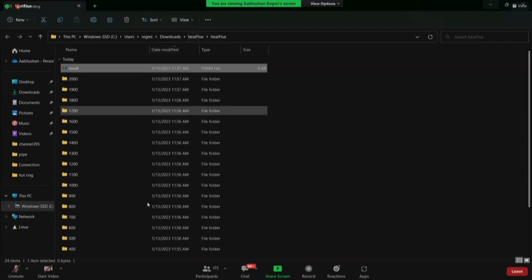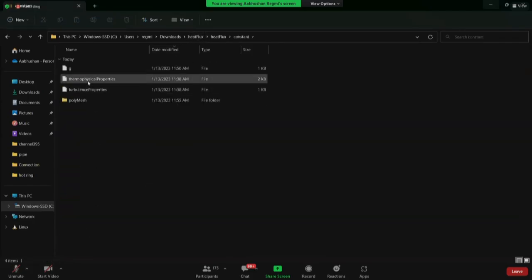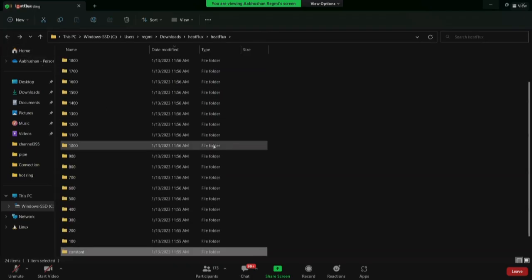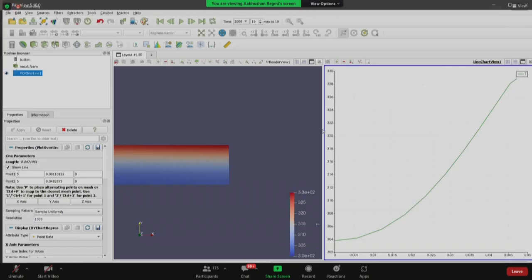I think the issue could be the thermophysical properties file; the name of any of these files could be different in OpenFOAM 10. They might have changed the name. That could be the issue, along with the name of the solver. But generally, from one version to another there is not much difference. There may be a new solver available in another version, but most of the time they try to adhere to the standard that was maintained before.